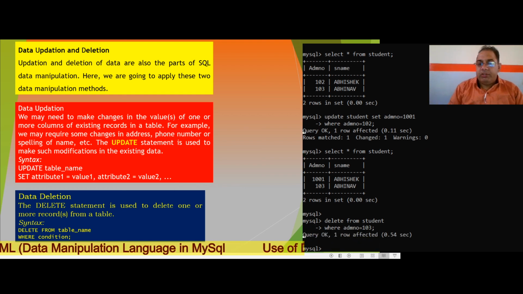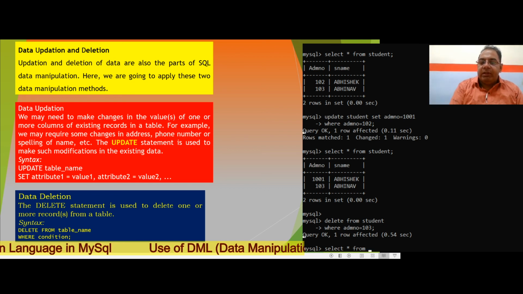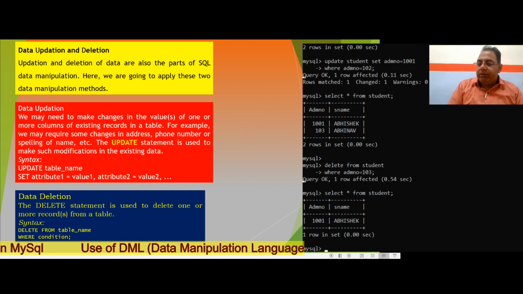Yes, I will press enter. It will delete the record from my table. To check the same, I just go for select star from student. Yes, one row in set means one row is deleted from the list.